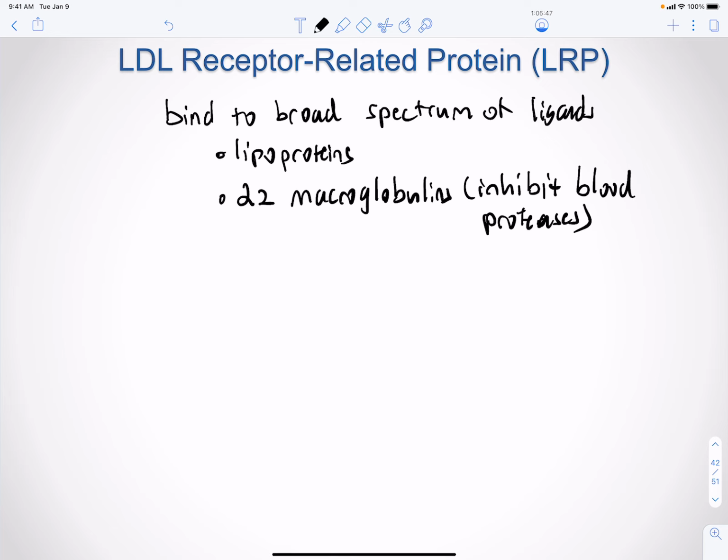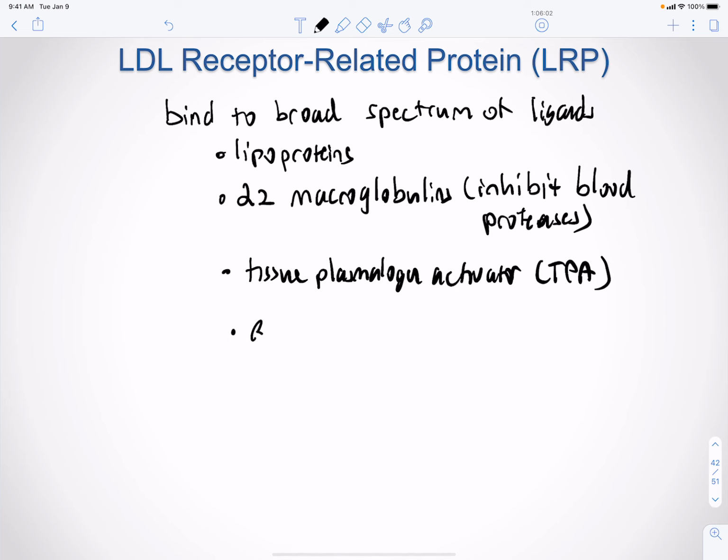And tissue plasminogen activator. It will also recognize ApoE. This is going to be found abundant in the cell membranes of liver, brain, and placenta.